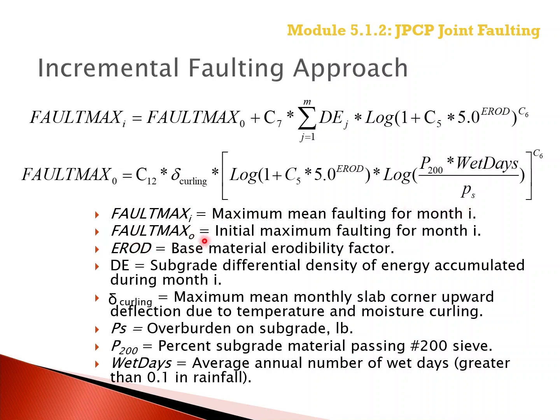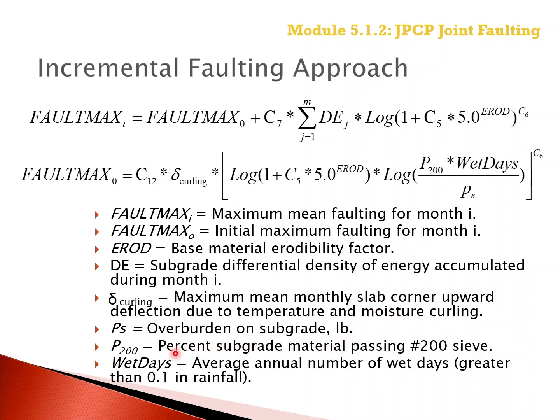Fault max 0 is the initial maximum faulting for month I. EROD is the base erodibility factor. The DE is the subgrade differential density of energy accumulating for month I. The curling is simply the maximum mean monthly slab corner upward deflection due to temperature and/or moisture curling.